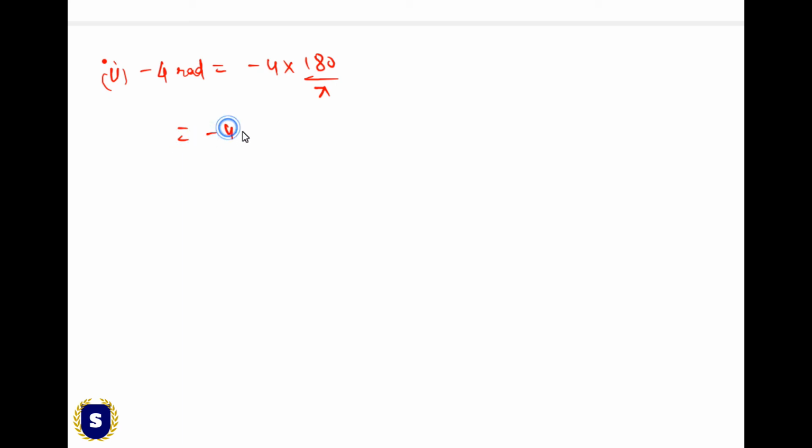It will become 180 into 7 upon 22. So this will become -360 into 7 upon 11, that is 2.